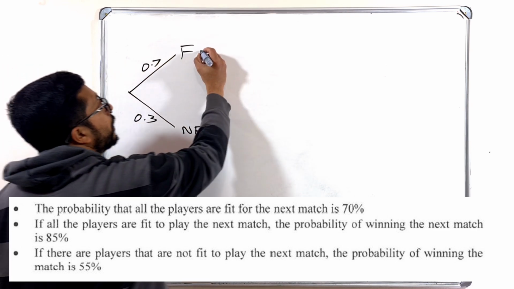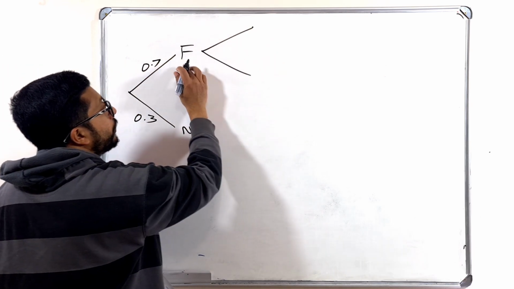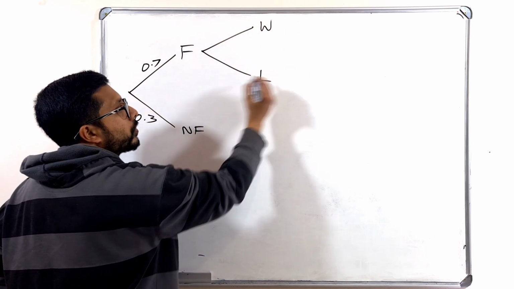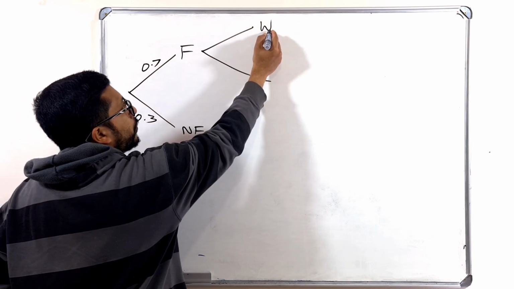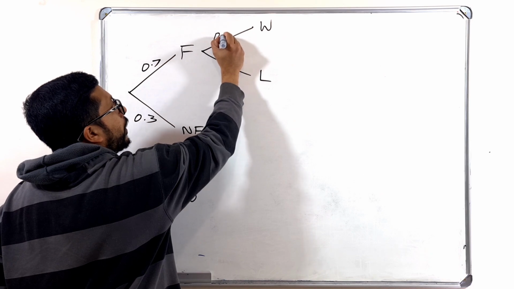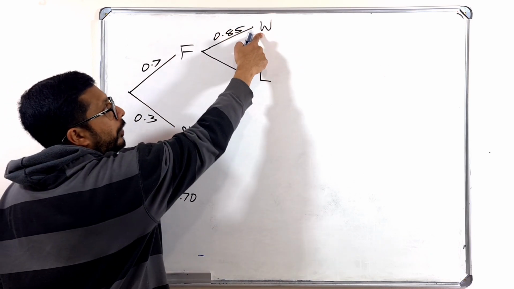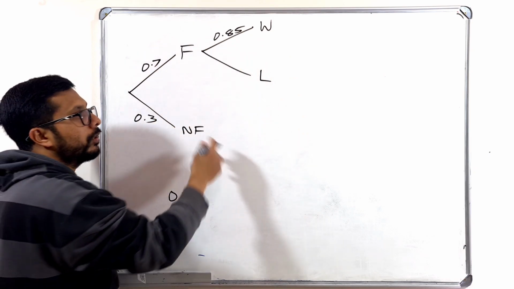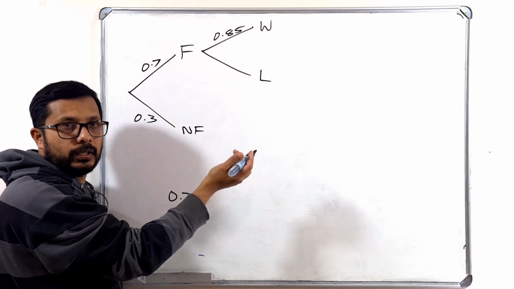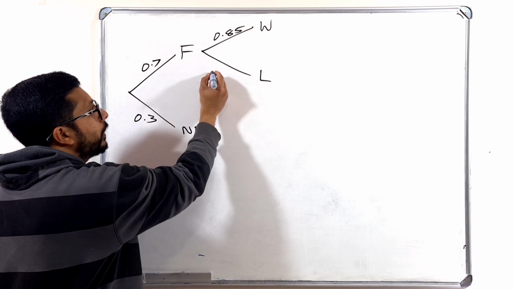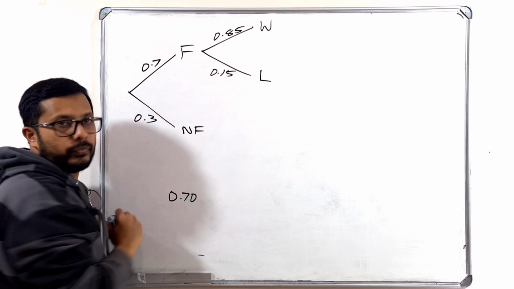So if all are fit, then win, lose. What is the probability of winning the match? 85% means 0.85. So if winning is 85%, what is the probability of losing? 85% means the remaining is 15%. Am I right? So that is 0.15.